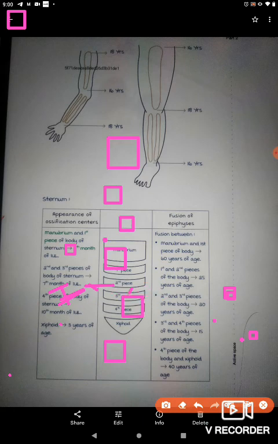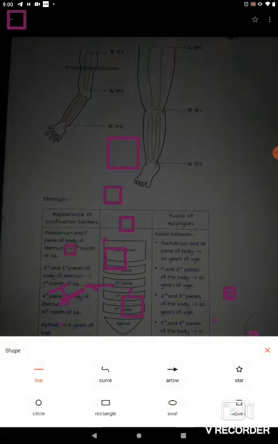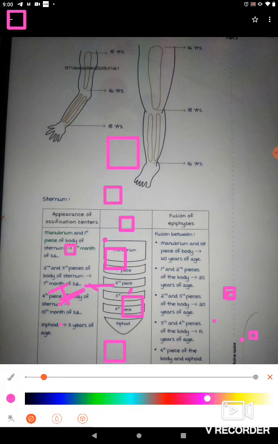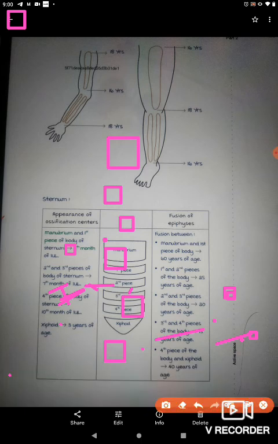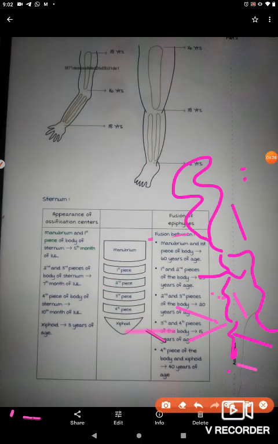And for the fourth piece, what is happening? We have seen that for the second and the third piece, the ossification center appears in the 7th month.